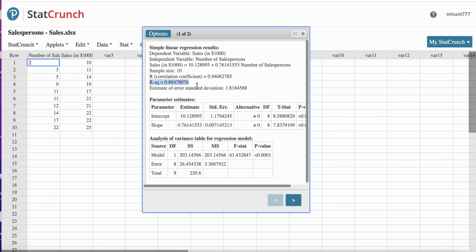And so we know that 88.4% of the variation of the sales in thousands of dollars can be explained by the linear association with the number of salespersons working.